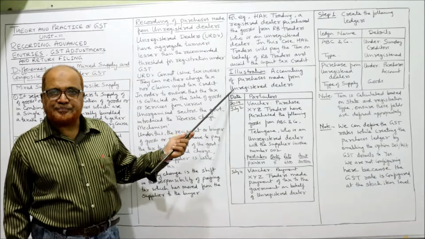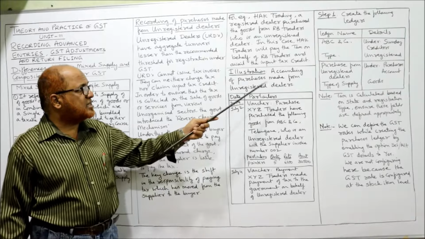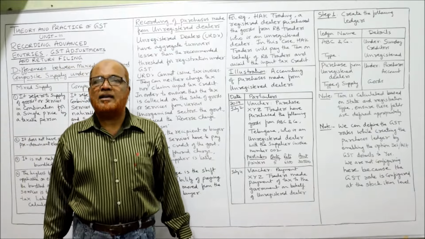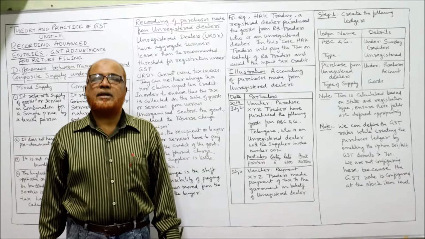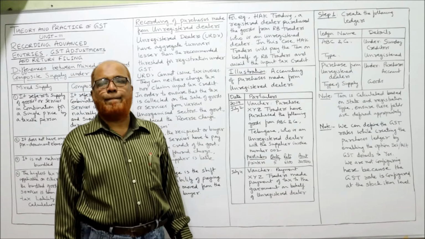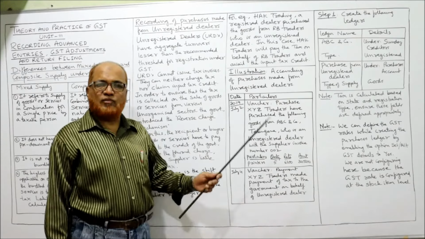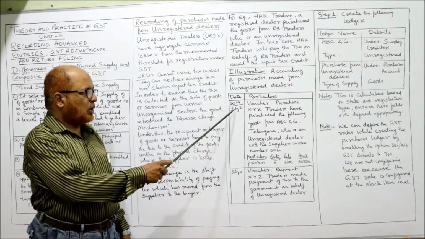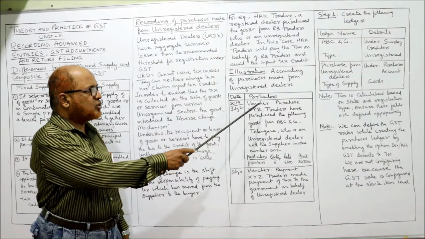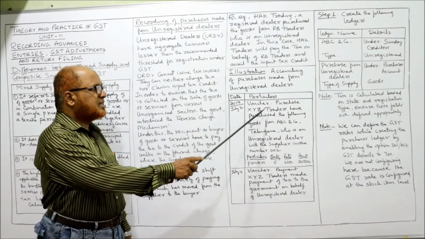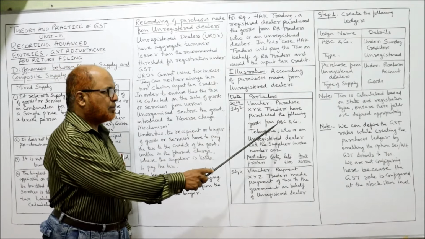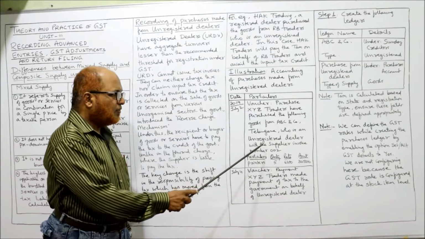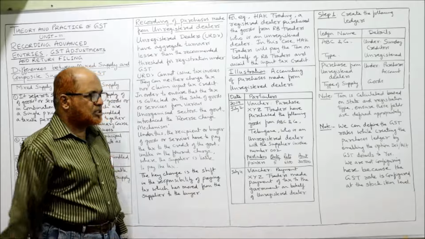Now, illustration: accounting of purchases made from unregistered dealers. How will accounting be made in Tally ERP 9 when purchases are made from an unregistered dealer? With the help of an illustration, we'll try to understand. Date: July 2nd, 2019. Voucher: purchase. XYZ Traders have purchased the following goods from ABC Company, Telangana, who is an unregistered dealer, with supplier invoice number 002.